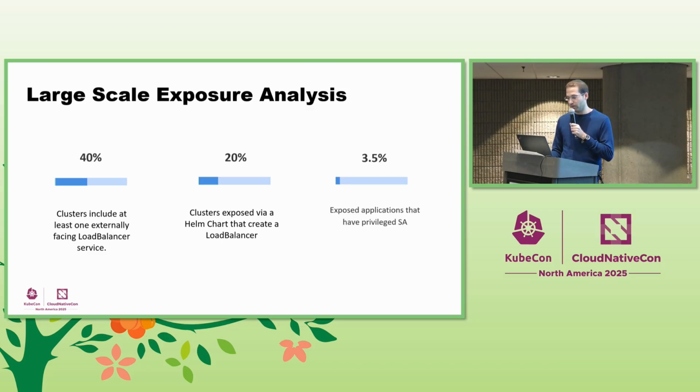And 3.5% of the exposed applications also have a privileged service account attached to them. Those are maybe the most critical workloads. Now, the fact that they're exposed does not mean that they're misconfigured. Yeah, it could be fine. But in case of a misconfiguration, they can lead to cluster takeover.